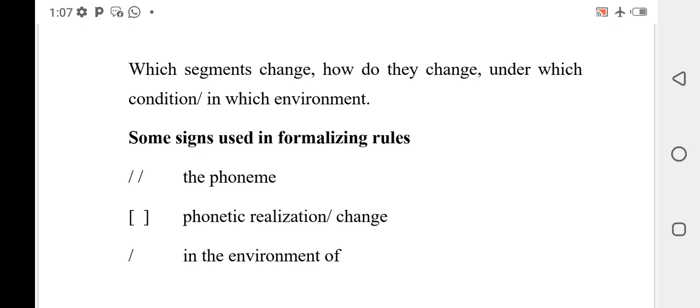Okay, but k in slash bracket is realized phonemically. So what I put in square bracket is either I am talking about the allophones of k, or I am giving the features of k.